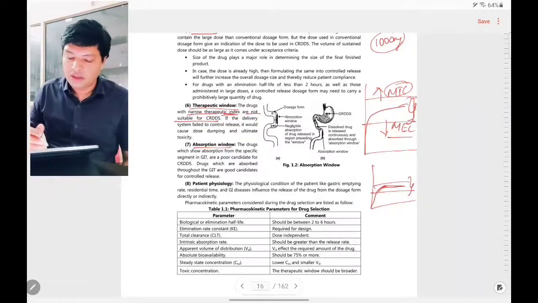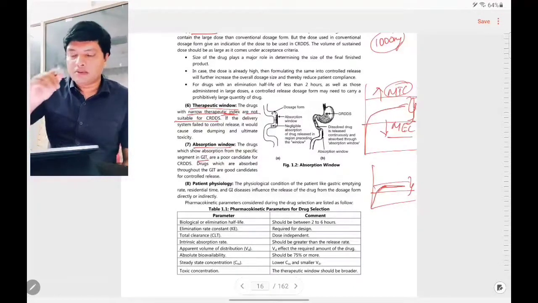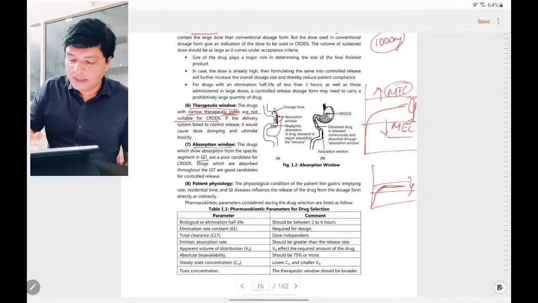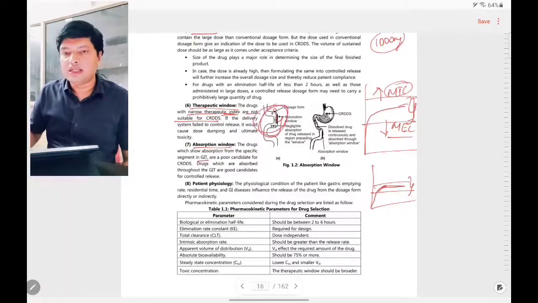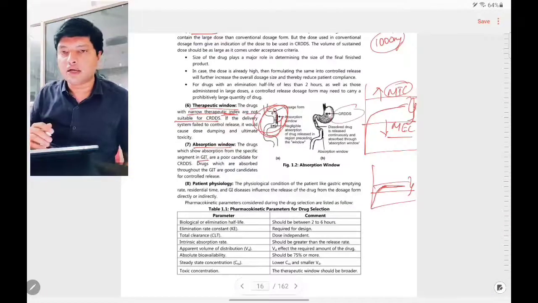Next, absorption window also. Some drugs show absorption from a specific segment like the GIT, or the intestine. If the drug shows absorption only in a specific region, we can formulate it into a gastroretentive drug delivery system.